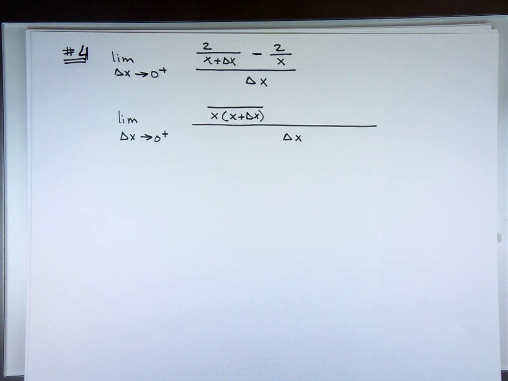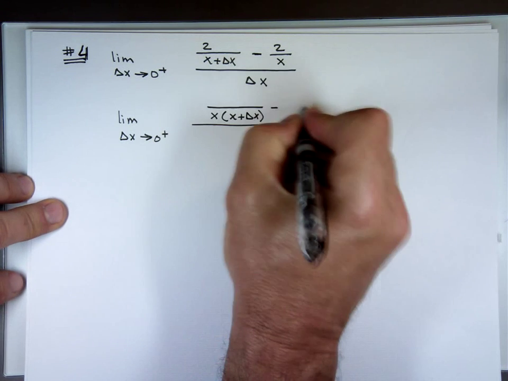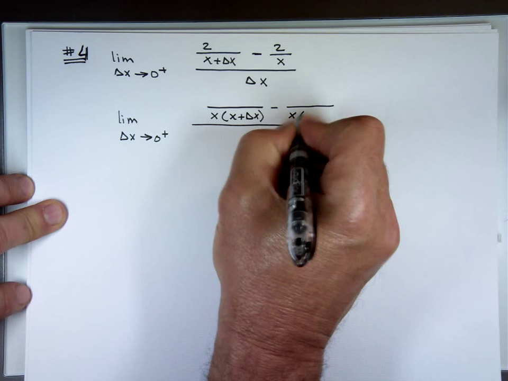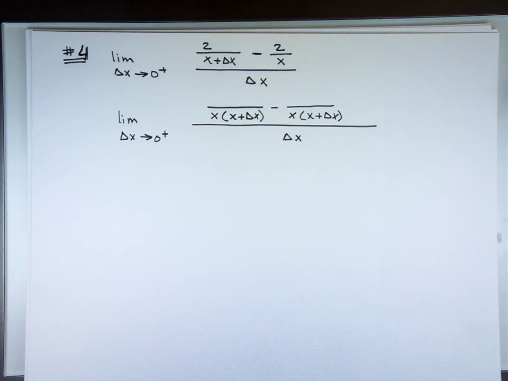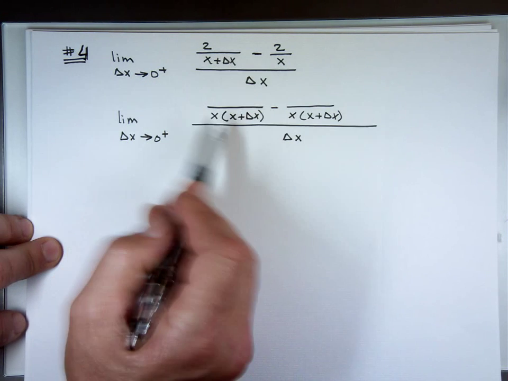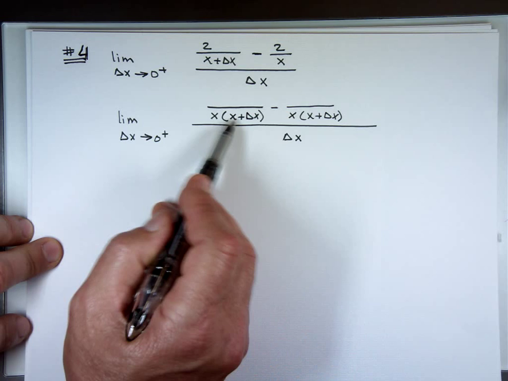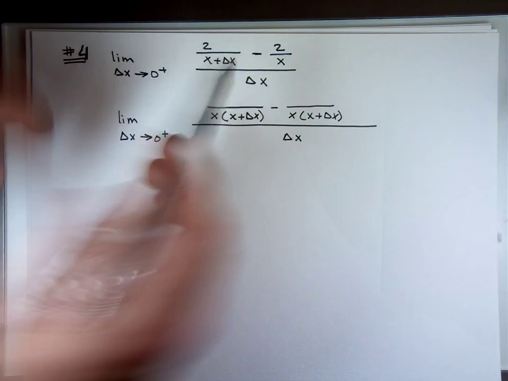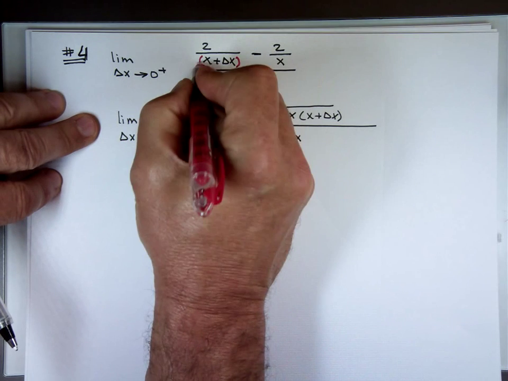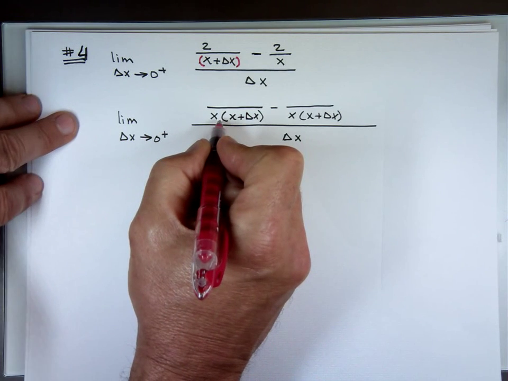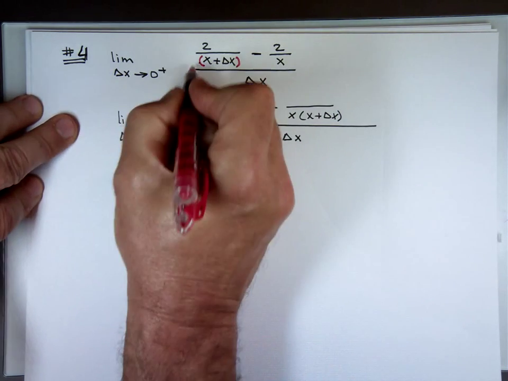You have two different factors. So you need to multiply the top here by what to make it look like this? Or the bottom here. What do you have to multiply this by to make it look like this? Isn't it missing an x?